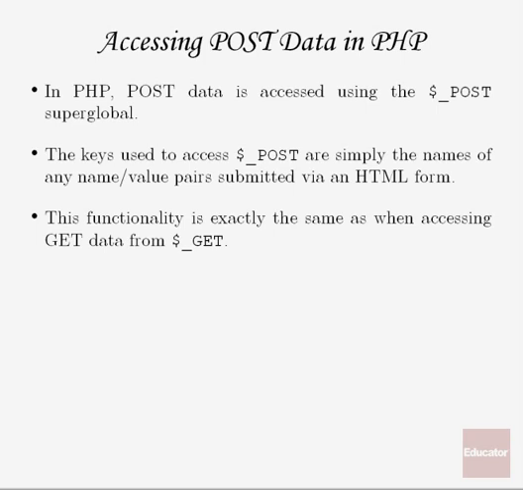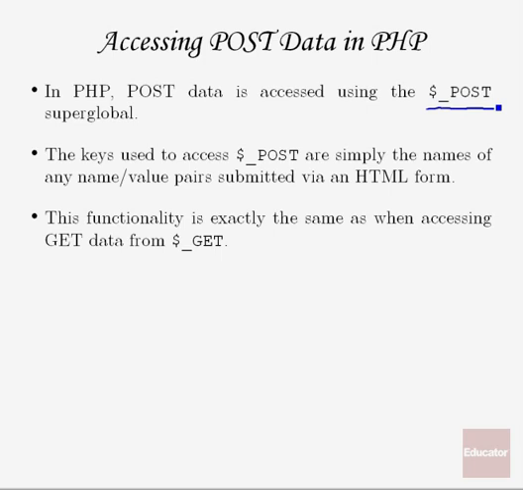For this course, we're learning about PHP. We're going to learn how a PHP script can access that form data, and it works basically the same way as accessing GET data. There's a superglobal called $_POST, which contains all of the name-value pairs of any POST variables that were submitted with a particular request.